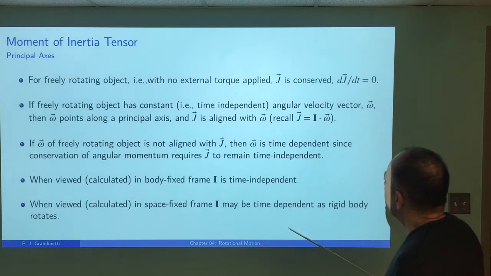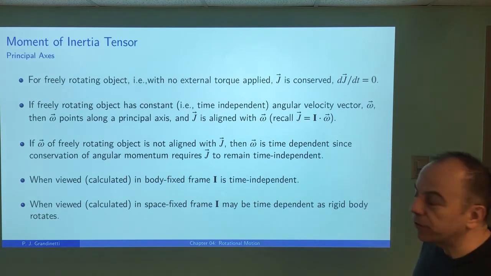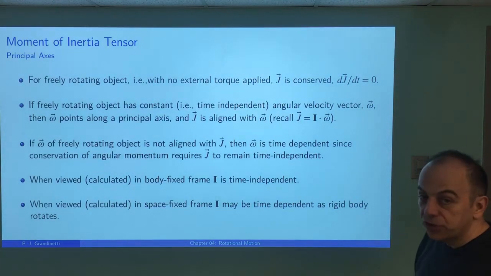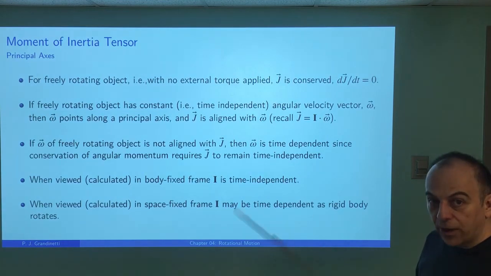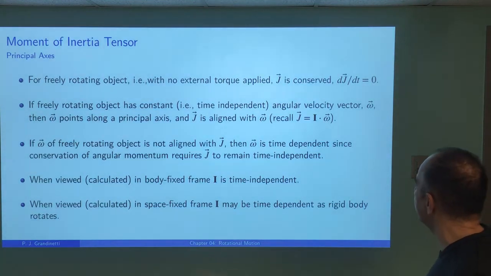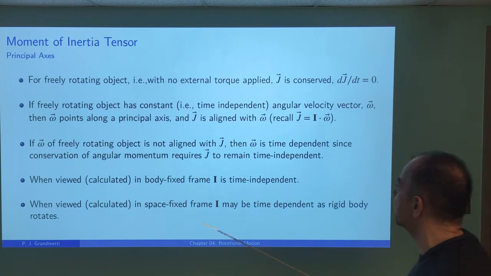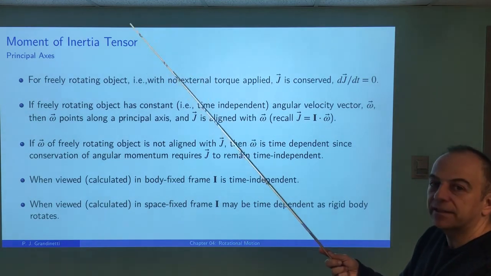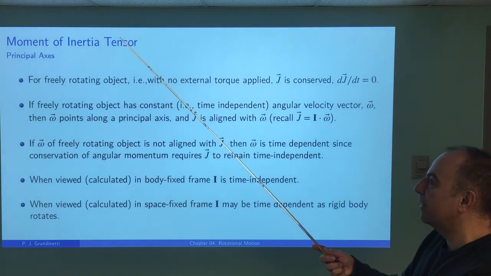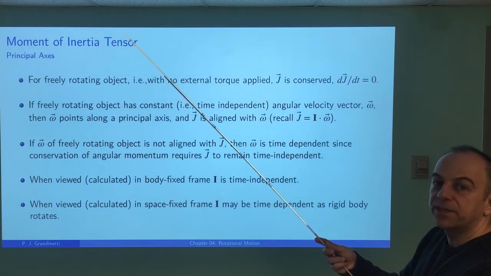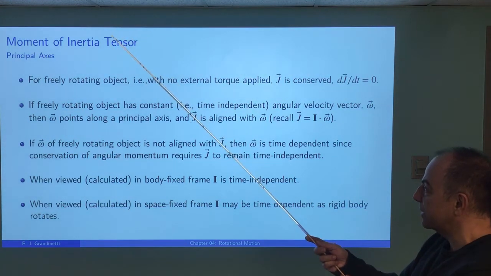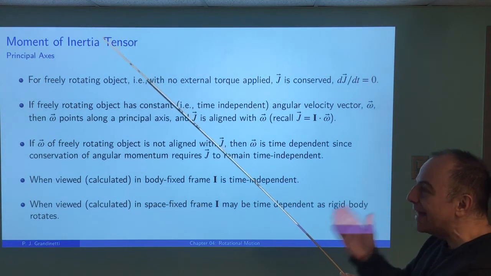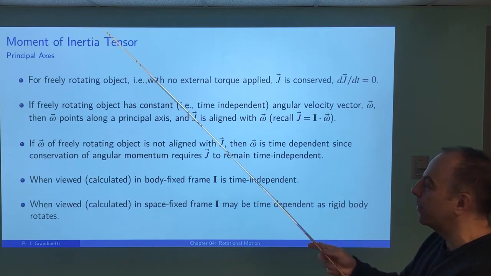Now, a few other points I want to make here. Remember, for a freely rotating object, if there's no external torque applied, the total angular momentum has to remain constant, meaning dJ/dt is equal to 0. If the object is rotating freely and spinning about a constant angular velocity vector omega that's not changing in time, then that omega must be pointing along a principal axis.